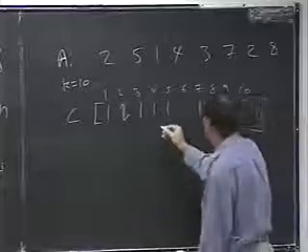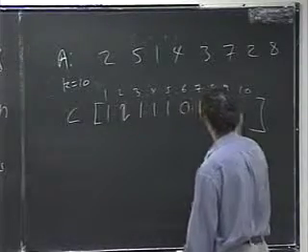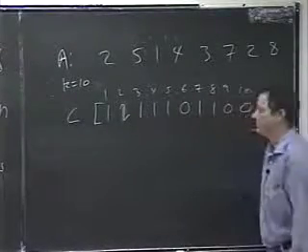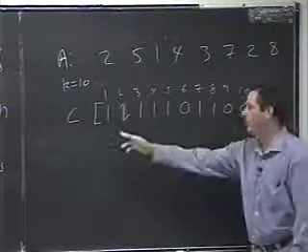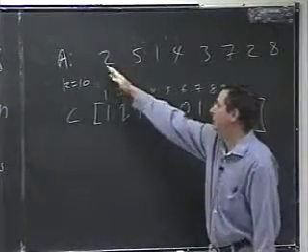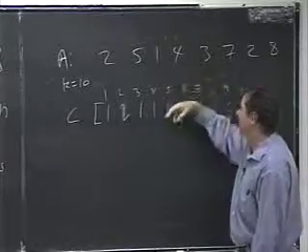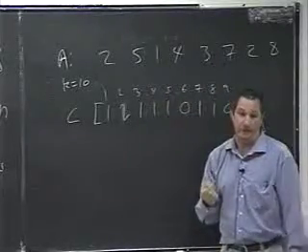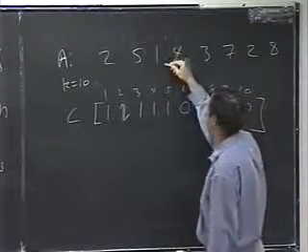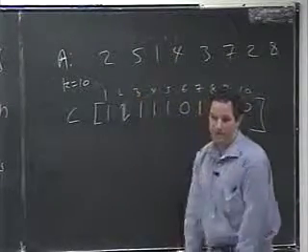Let's say I had initialized these as zeros. So it's a very simple-minded thing. I'm just scanning through A, and every time I see a particular value in here, I use that as an address and increment the count that's there.